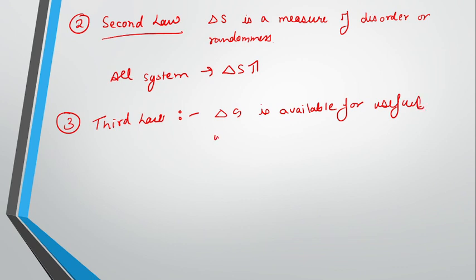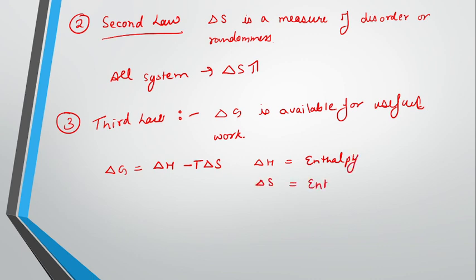Delta G is equal to delta H minus T delta S. Here delta H is equal to change in enthalpy, delta S is change in entropy, and T is the temperature in Kelvin.